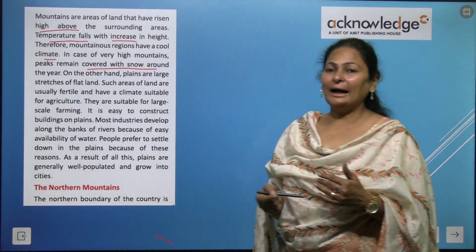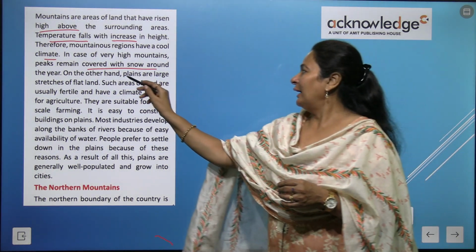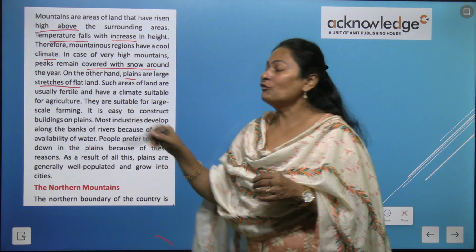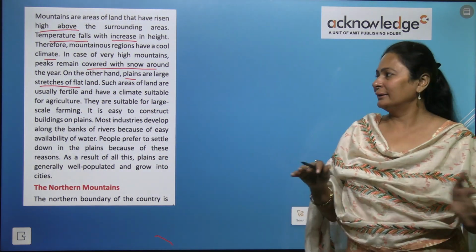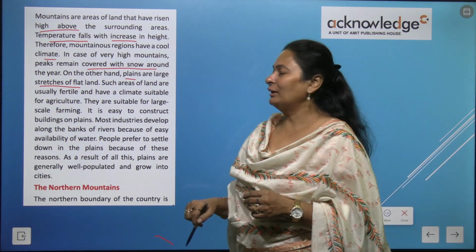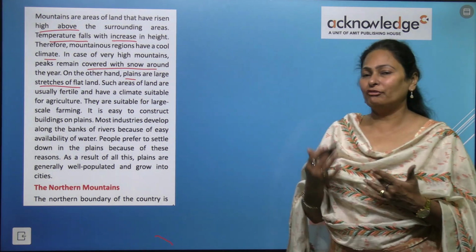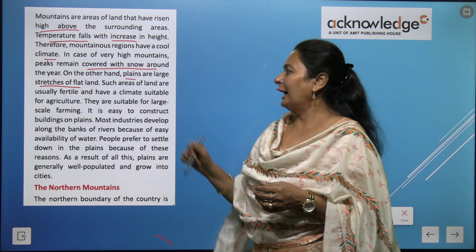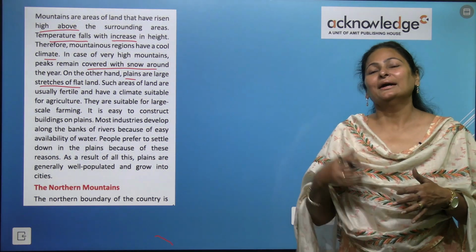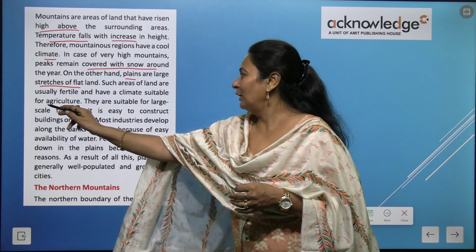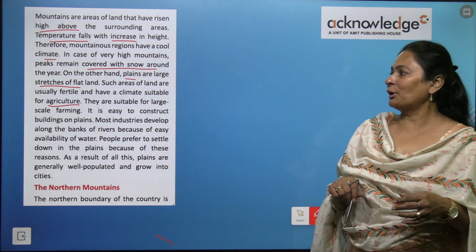On the other hand, plains are large stretches of flat land. This is an example of flat land, right? Such areas of land are usually very fertile and have a climate which is suitable for agriculture or cultivation of crops.